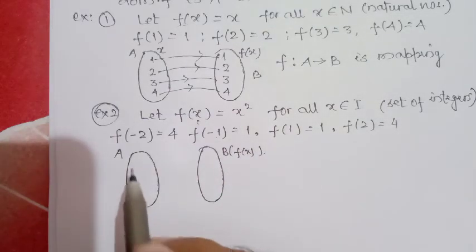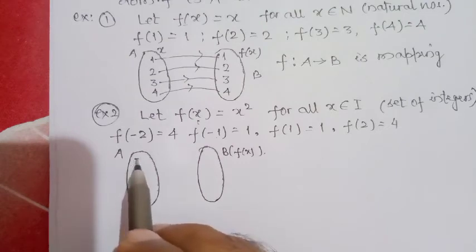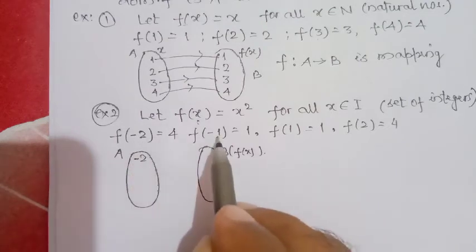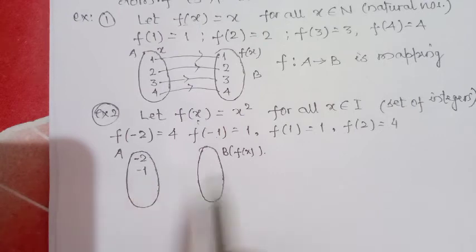So we have seen that it is minus 2, minus 1, 1, 2. We may consider some more elements.